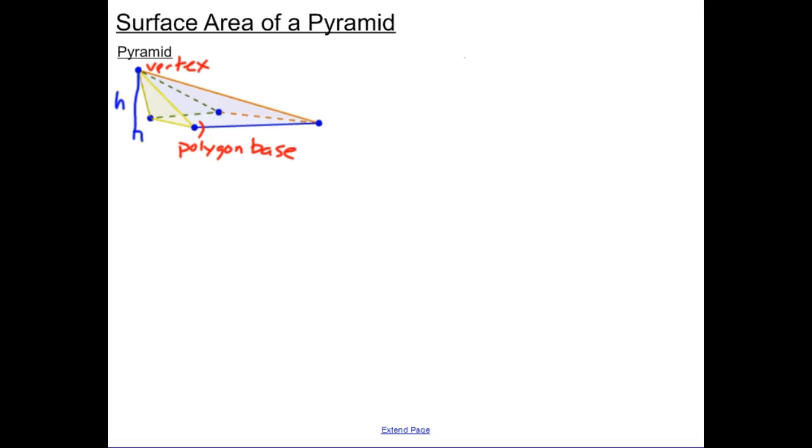Now we're going to take a look at a specific type of pyramid. We're going to take a look at a regular pyramid. Now, what is a regular pyramid? Well, it meets all the criteria of a general pyramid with two differences.